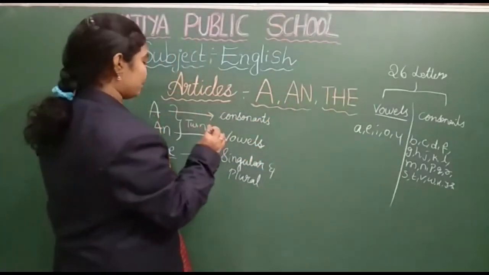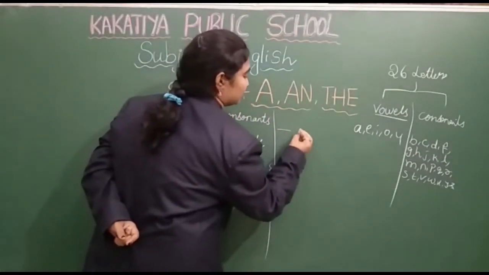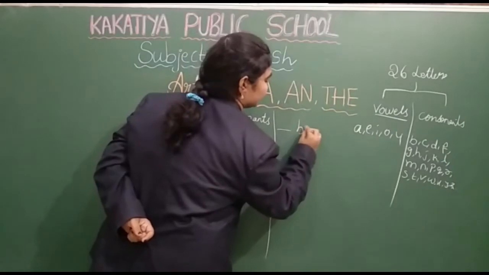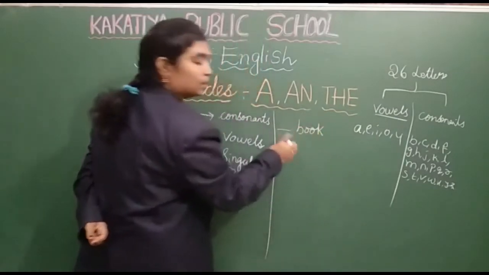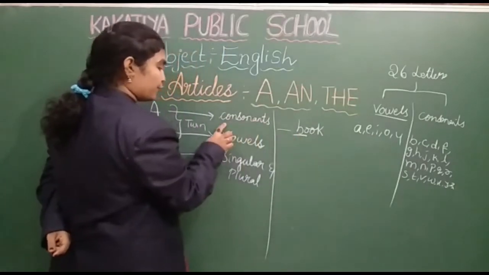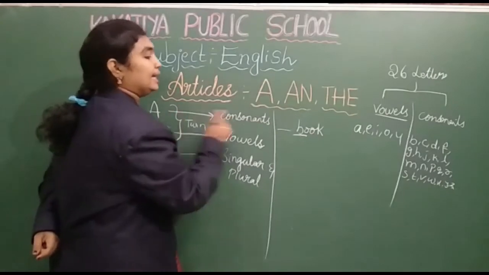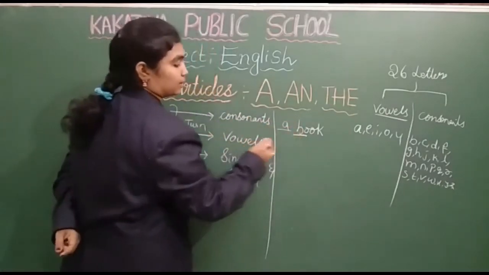For example, you just see. A book: B is a consonant sound. So, for the consonant sound, we are going to use the article A. A book.